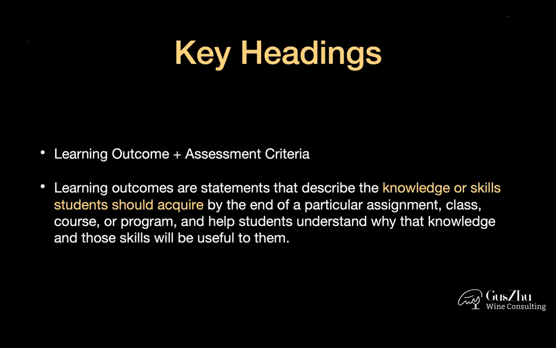So in the diploma, if you read the learning outcome, you are reading the things that they expect you to take away from the diploma program. So they put down the things they are expecting here.